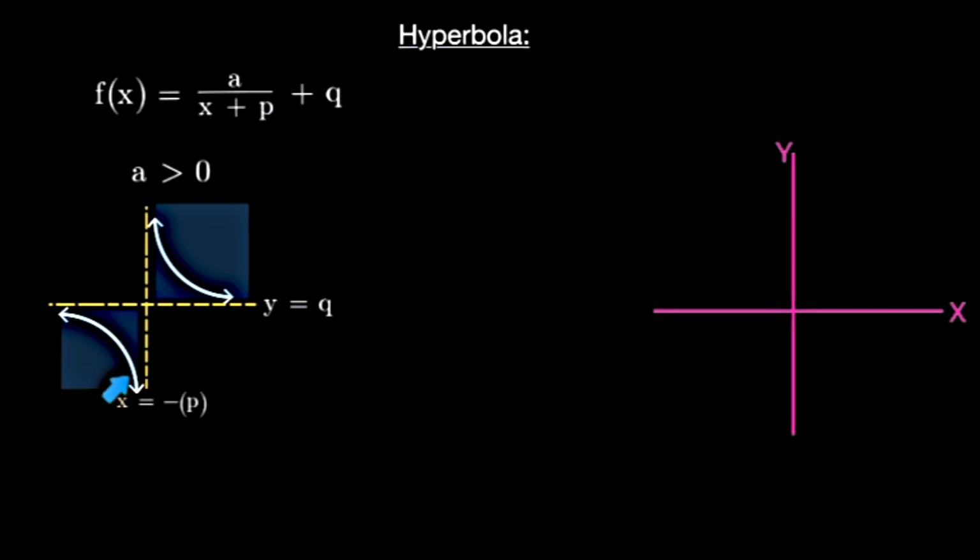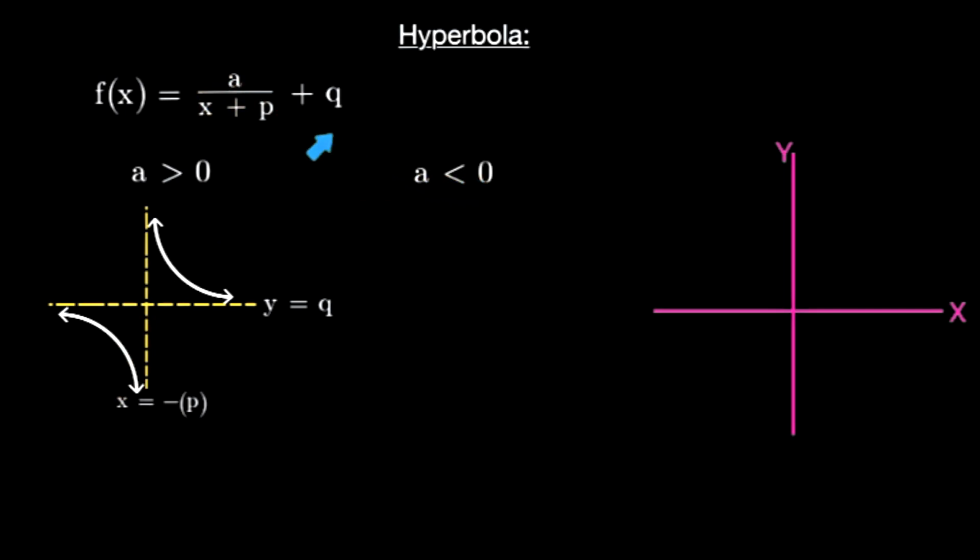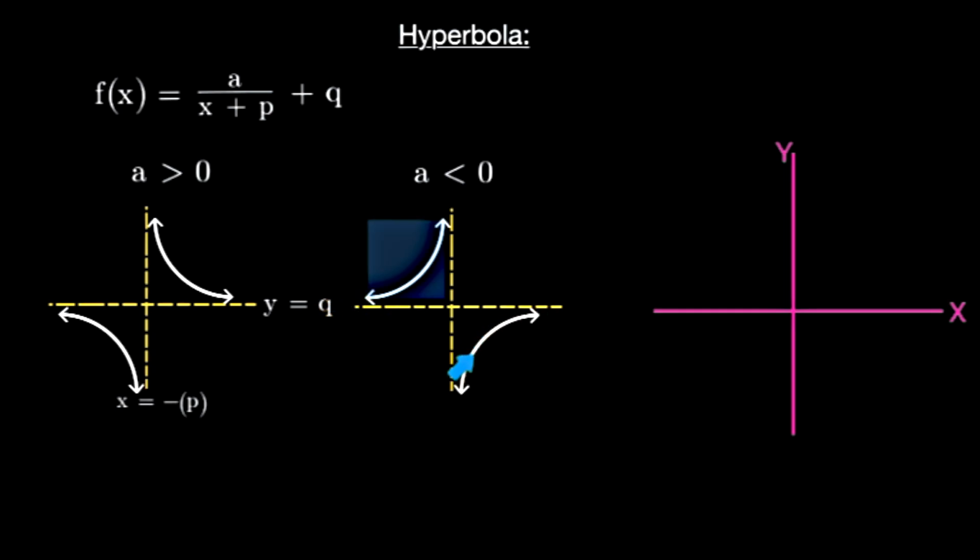They are the two positive quadrants. Got it? Okay, excellent. If a is a negative value, in other words less than 0, we are going to draw our hyperbola in this quadrant as well as in this quadrant. So basically, we always move these entire sketches on our y and x axis.